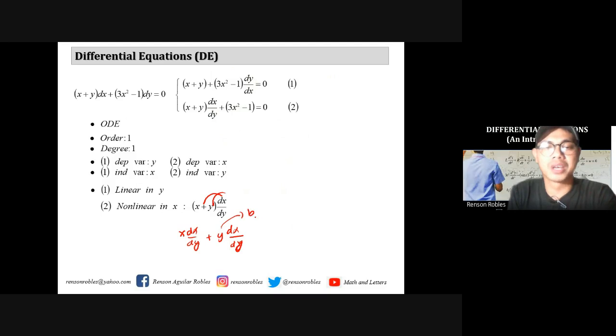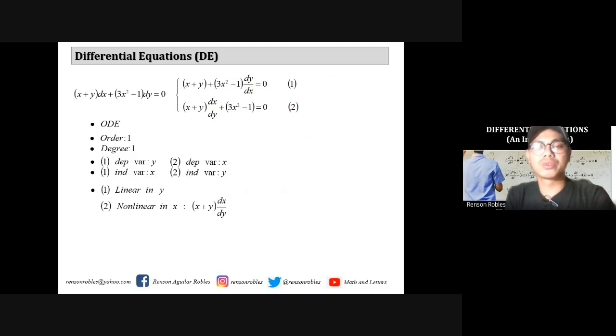So this is our b_n(y), since the independent variable is y. However, here there is a function of x, where x is our dependent variable. So that's why equation 2 is a nonlinear differential equation.